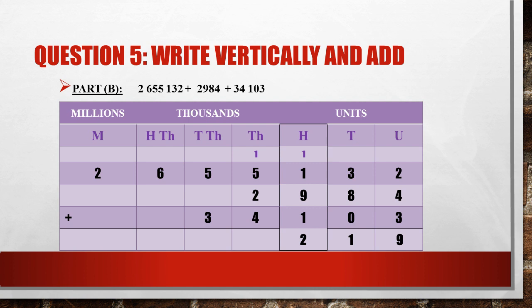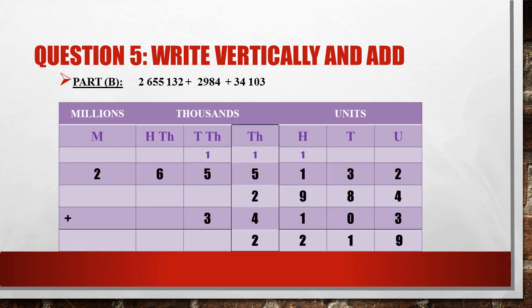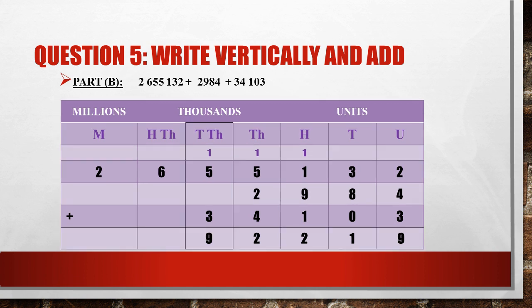Now we will add the digits in 1000 place, which are 1 plus 5 plus 2 plus 4, which gives us again 12. Now we will write 2 at 1000 place and take 1 carry over to 10,000. Now we will add the digits in 10,000 place. After adding the digits we will get 9. So we will place 9.